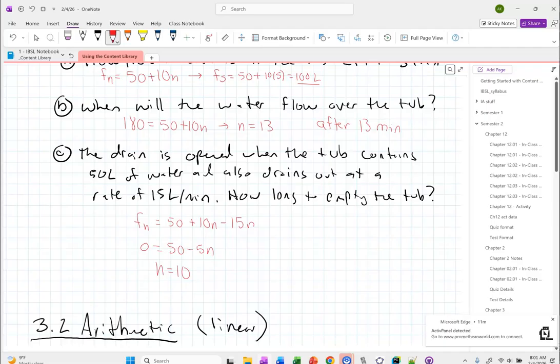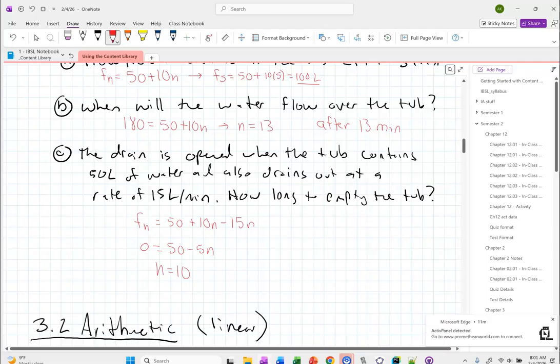Does everybody feel okay here? The algebra happening should be very simple, right? Just doing like pre-algebra level, two-step equation solving, very straightforward. What we're going to do next is we're going to talk about 2 special kinds of sequences.